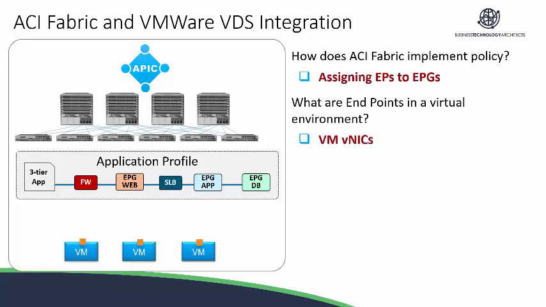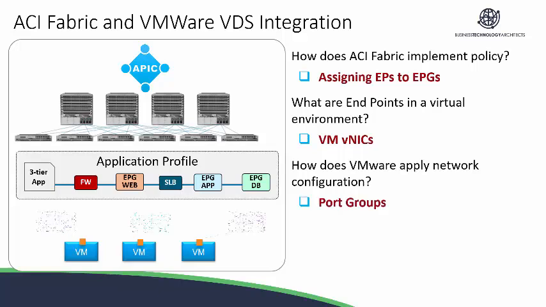What are the endpoints in a virtual environment? They're the VM VNICs. How does VMware apply network configuration via port groups? Those port groups will have a VLAN tag, but it will not be 172.16.40 on VLAN 40.